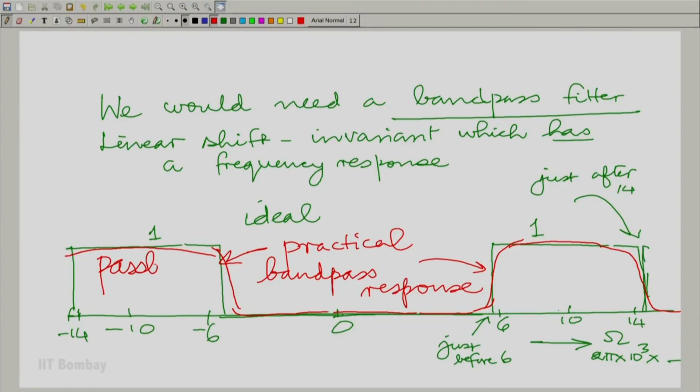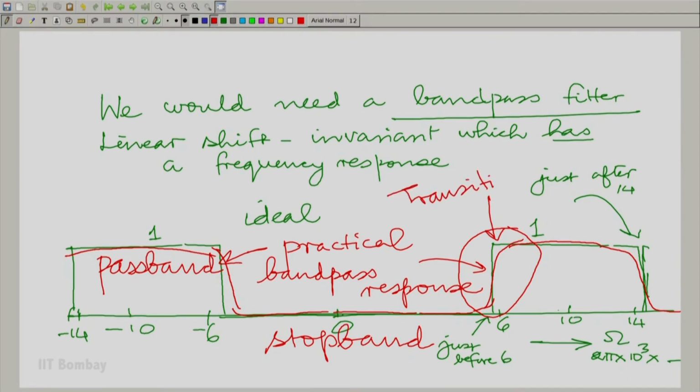This is called the pass band, the band that you want to pass. This is a part of what is called the stop band. So, by the way, the stop band is not only between minus 6 and plus 6, but it is also after 14. You must not forget that. And this part where it moves smoothly, this part, the smooth fall off, is called the transition band.